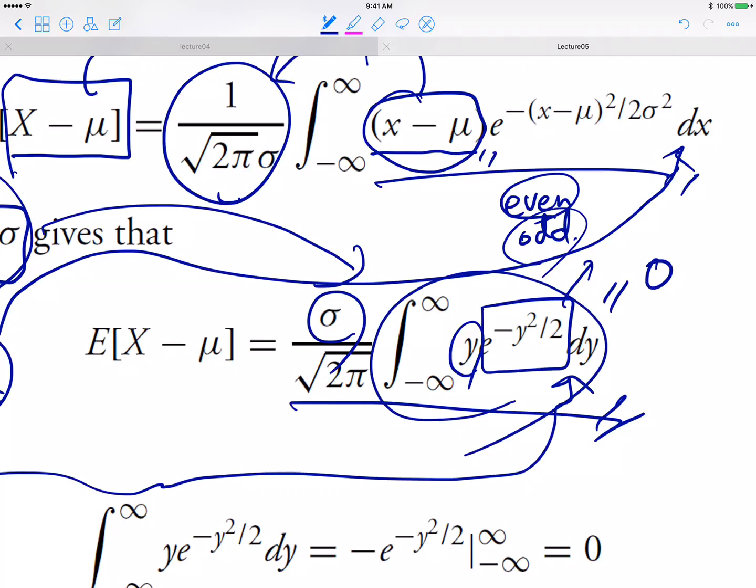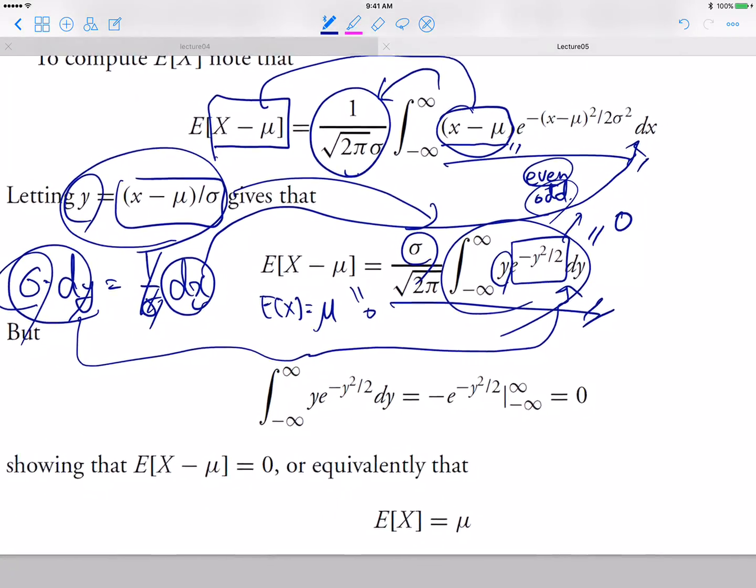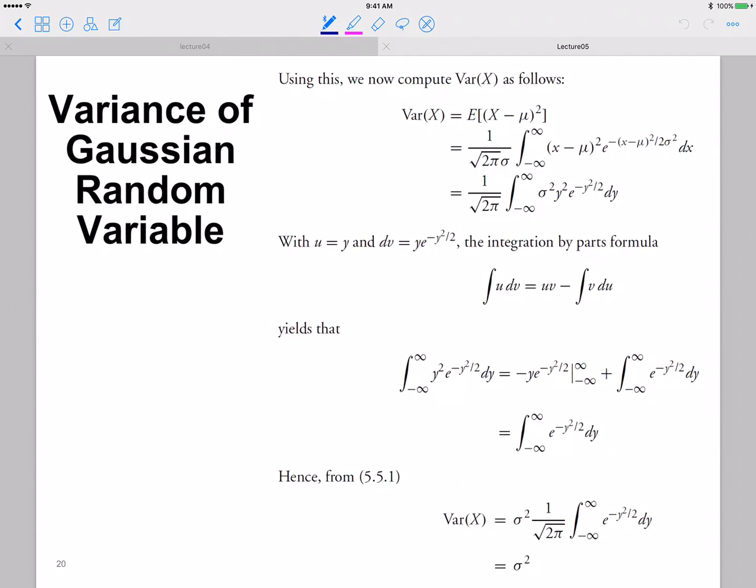Altogether, the product of an even function and an odd function will be an odd function. So the integral of an odd function over all the regions will be 0, which means the expectation of x will be mu. And you can do a similar thing to derive the variance of this Gaussian random variable.